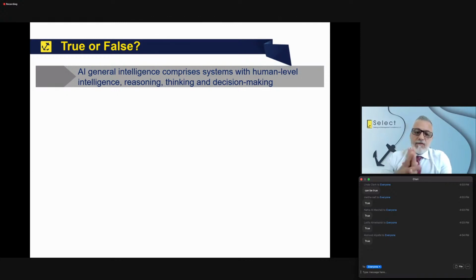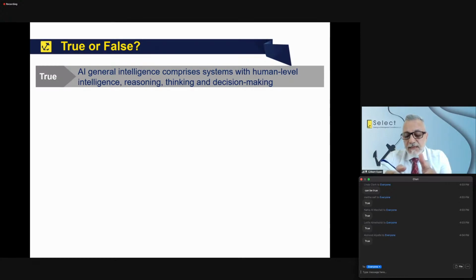Iman said false. So Latifa, is that true? We have some true, some false. But actually, I will agree with Iman when we talk about current artificial intelligence.